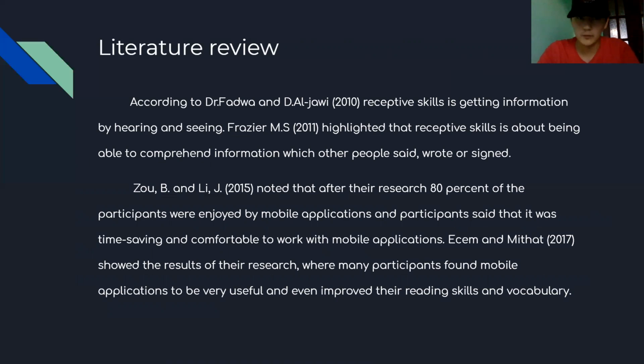In my research paper, I tried to define what receptive skills are because some students or some people who read this research paper may not know what they are. So here, according to Fadwa and Al-Jawi, receptive skills is getting information by hearing and seeing. So it's about listening and reading skills, obviously. Also, there is one more scholar, Frazier, who defines receptive skills.